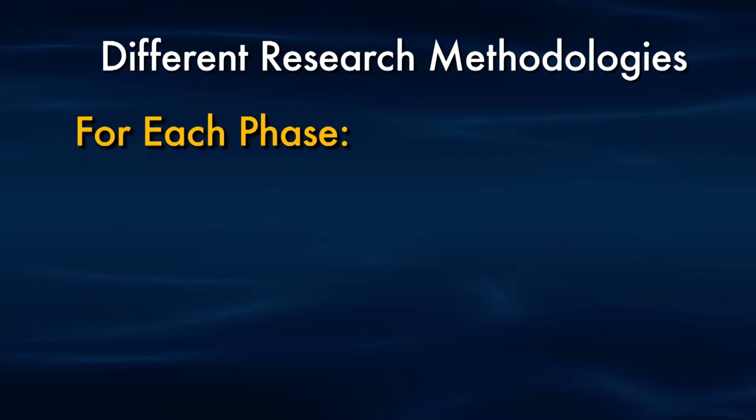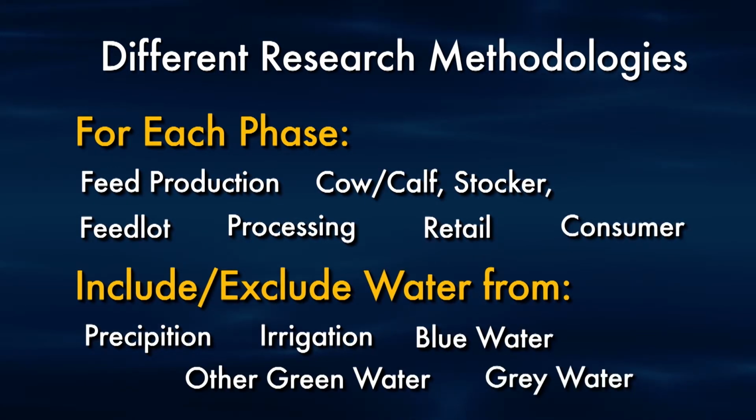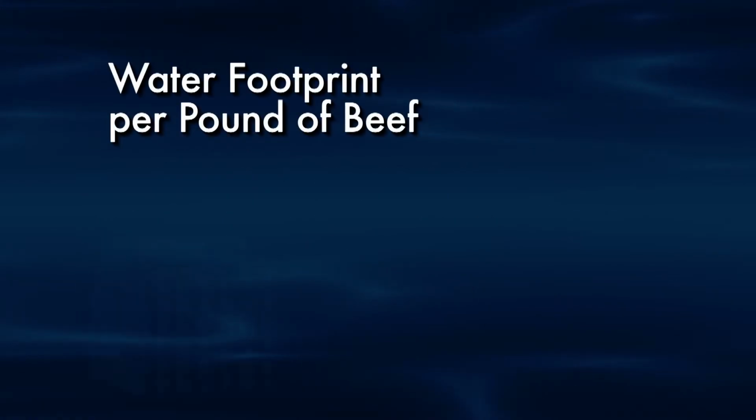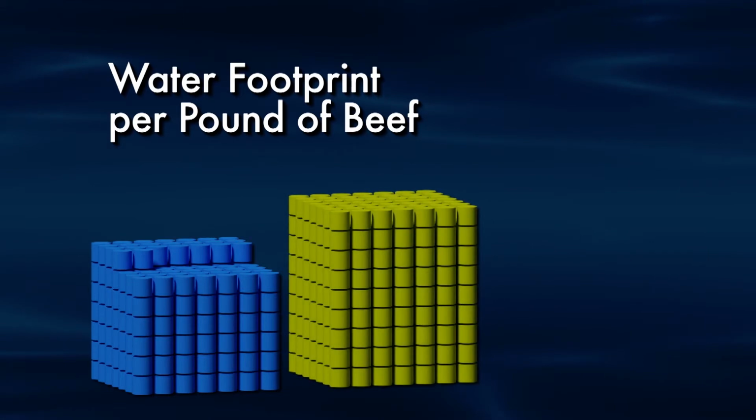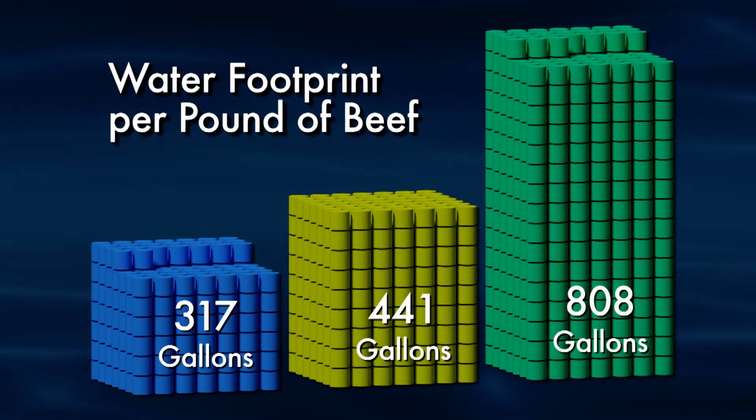In summary, the water footprint of beef can vary considerably based upon the methodology chosen by the practitioner of the analysis. Peer-reviewed U.S. water footprints for beef have estimated the water footprint of beef at 317, 441, and 808 gallons of water per pound of boneless beef when precipitation water was not accounted for in the calculations.